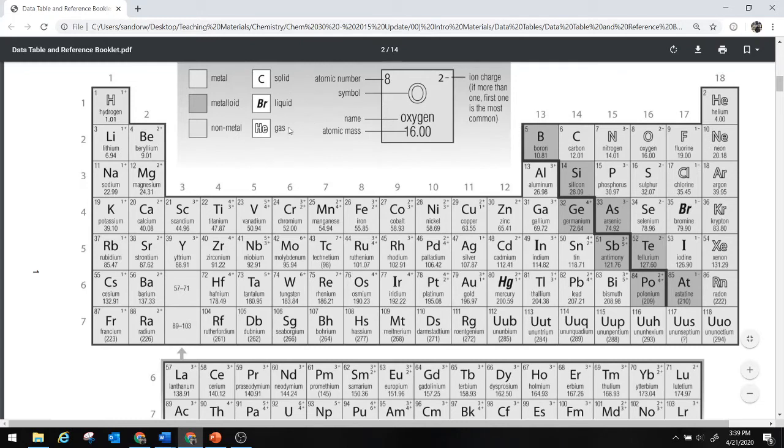There are common charges that actually appear in each of the columns. Column 1 typically takes an ionic charge of +1, 2, +2, +3 in 13, plus or minus 4 in 14, and then it walks its way down through the negatives. So -3, -2, -1, 0.